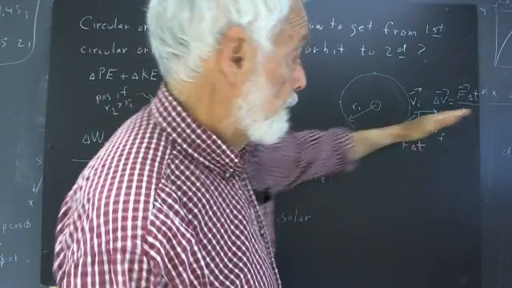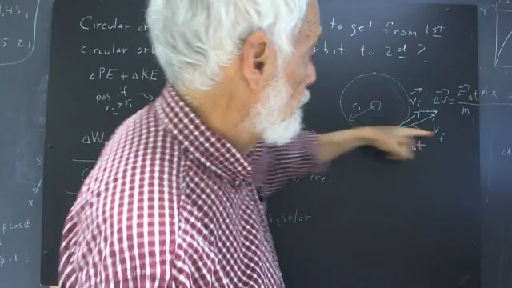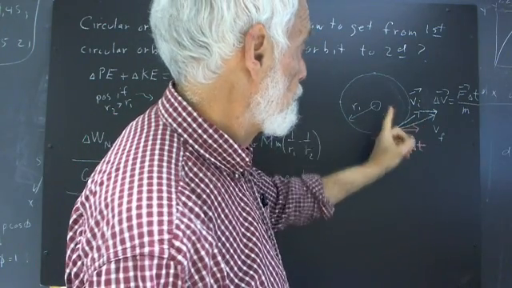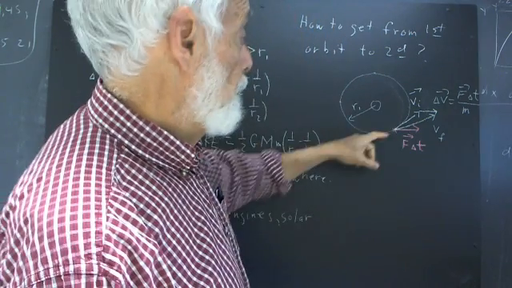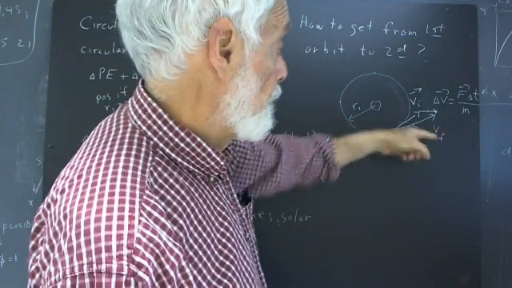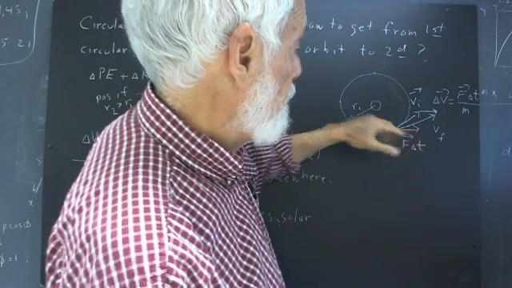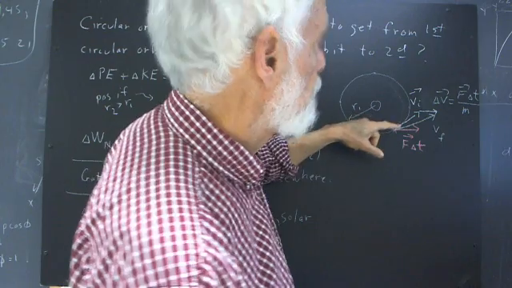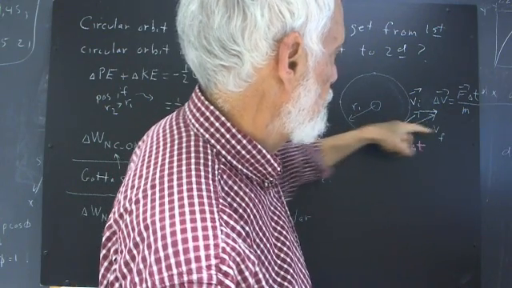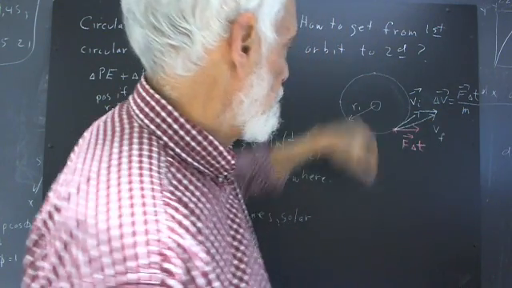We're moving this way, and our impulse was in this direction. The impulse could have been in any direction, but we're just going to assume this particular impulse. This impulse would tend to move us out to a greater distance from the planet.